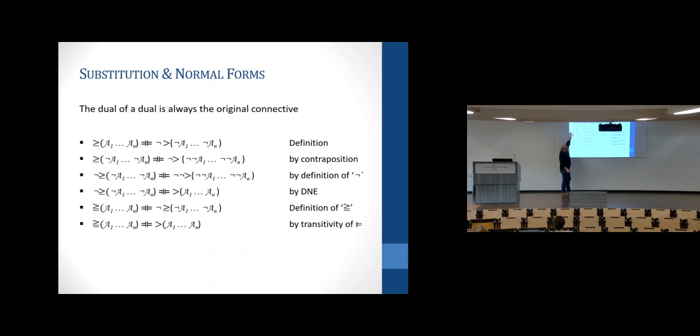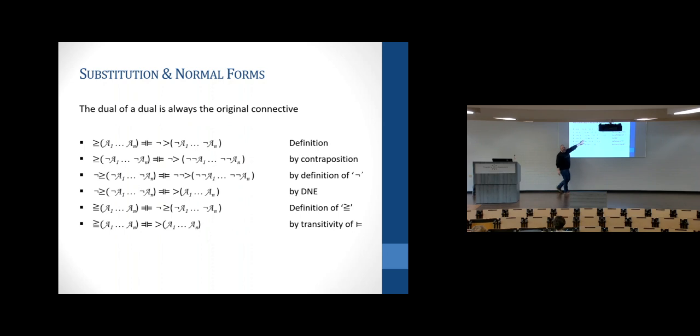If you start off just with the definition of what a dual would be, right, we can very quickly do what we'll call contraposition, which is where we add negations on both sides. So note this becomes double negated. This just takes the single negation. Then we can use the definition of negation to kind of distribute across.